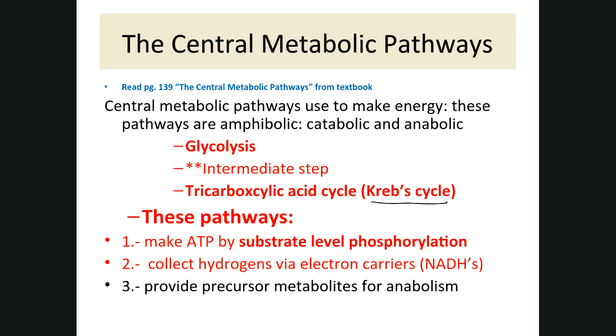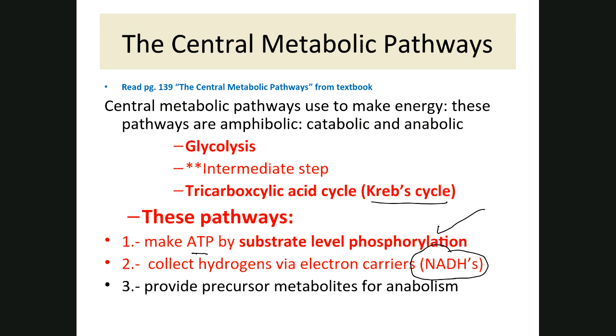These pathways can accomplish several things. They can make a little bit of ATP by substrate level phosphorylation. More importantly, they can oxidize reduced molecules and give the hydrogens to an electron carrier, creating NADHs. These pathways also provide precursor metabolites for anabolism.